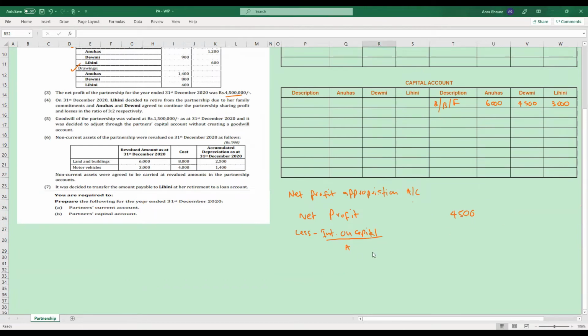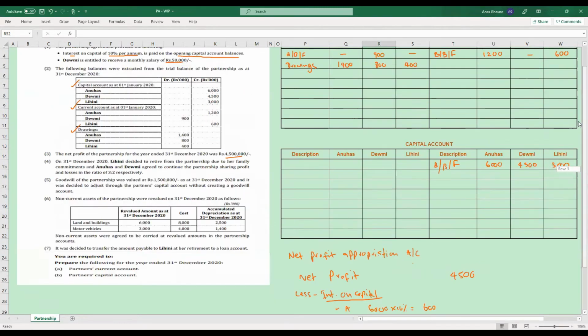On 6 million, let's take 10%, which is 600,000, and Devmi is 4.5 million times 10%, which is 450,000. Then Lihini is 3,000 times 10%, which is 300,000. So that total comes to 1,350, which is 1,350,000. So this has to be deducted.